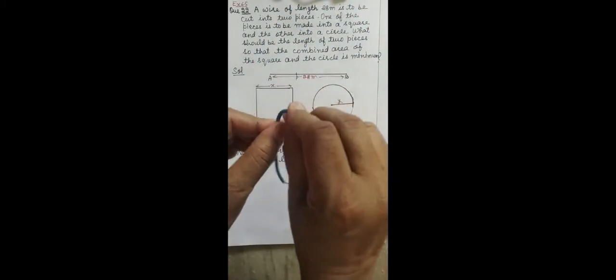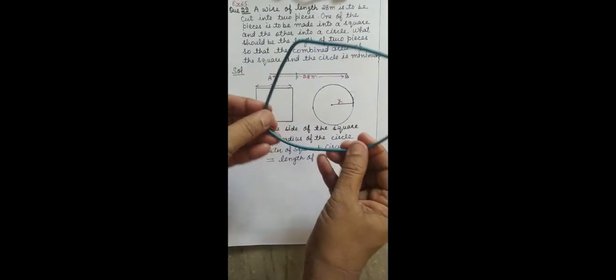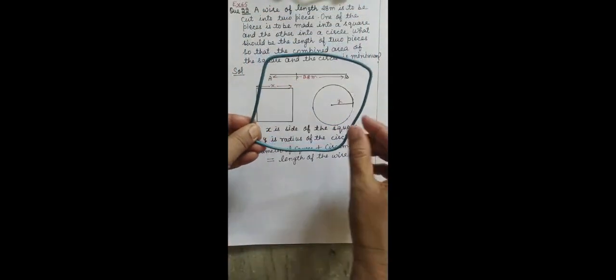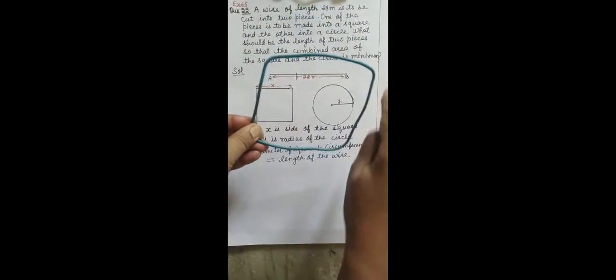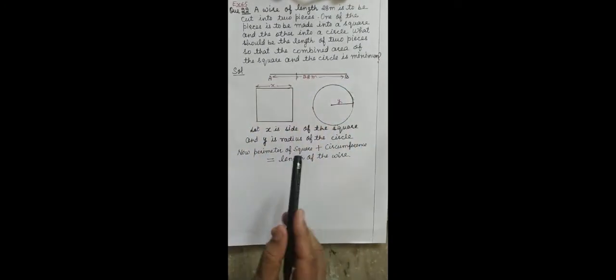Similarly, if I turn it like this, it is not the exact shape, but you can get the idea, I will be having a square. So if I fold this piece AP to form a square, I will be having the perimeter of the square, which means the total length of wire, that is 28 meter, will be equal to perimeter of square plus circumference of the circle.